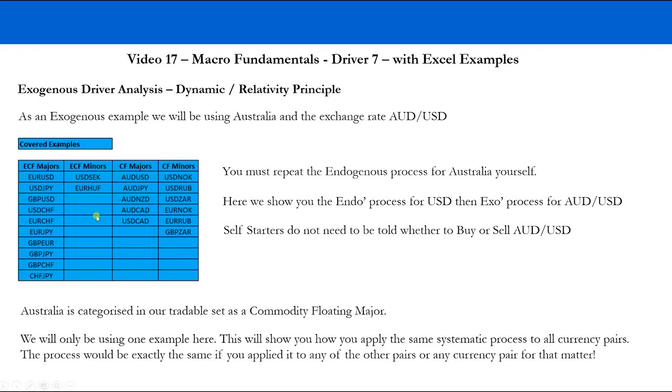So if you remember our tradable set from the earlier parts of the video series when we were doing our volatility analysis, we got to our opportunity set as our tradable set, and we split it up into ex-commodity floating majors, ex-commodity floating minors, commodity floating majors, and commodity floating minors.